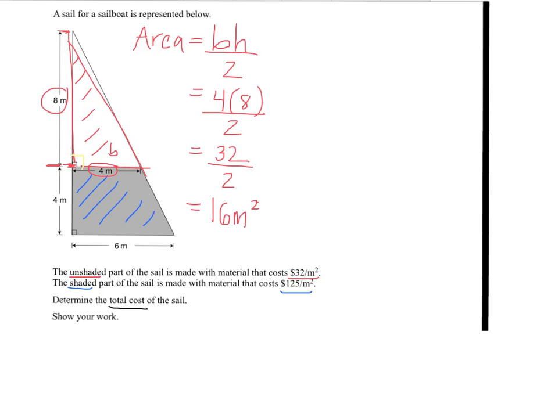Now for the shaded part, there's a couple ways you could do this. What would you do to find the area of the shaded part, which is this part here? So you've recognized that this shape is a trapezoid because it's a 4-sided shape and it has 2 opposite sides that are parallel. Do we have enough information to use a formula for area of a trapezoid? What is the formula?